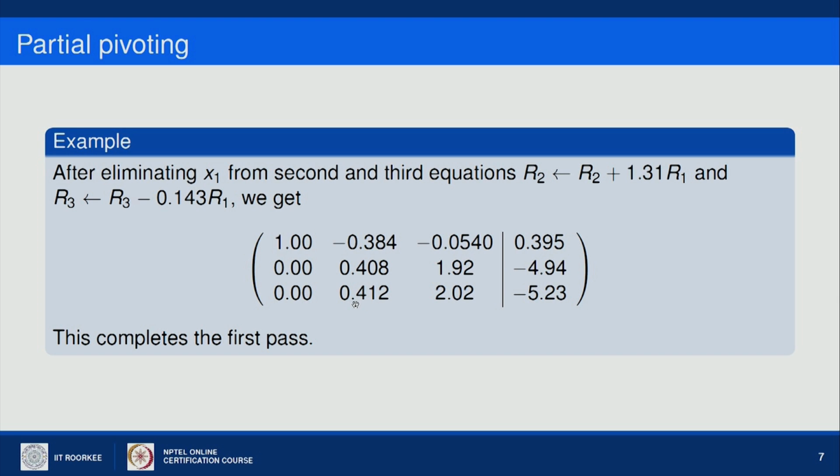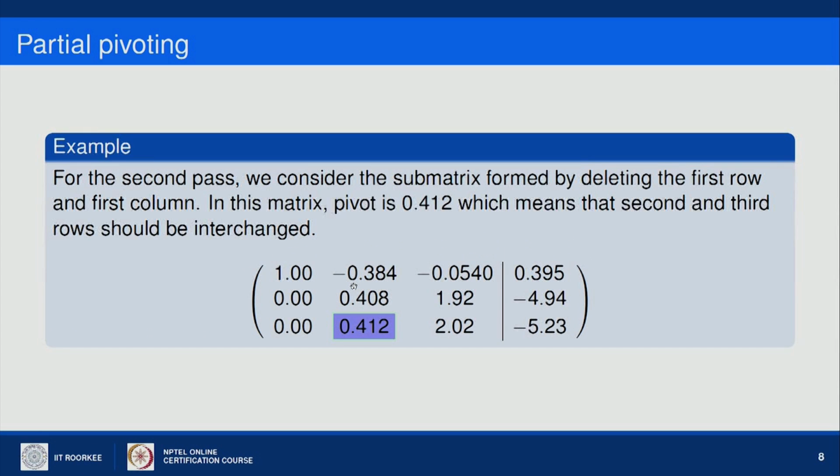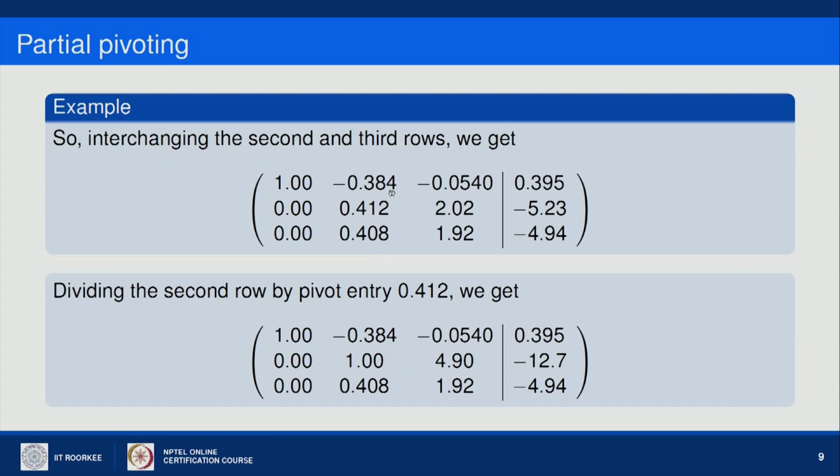So, element 0.412 is bigger than 0.408. So, I will interchange the third equation with the second equation. So, the system will become like this.